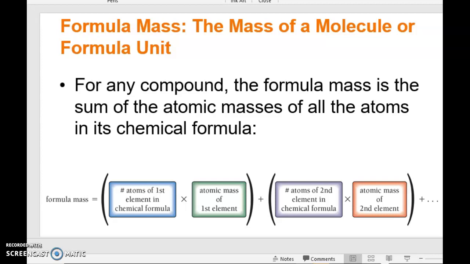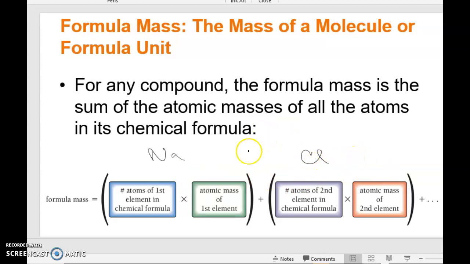If it's sodium, you're going to get the atomic mass of sodium, and say we're doing chlorine as well, you would get the atomic mass of chlorine. So let's say Na and Cl. You get the atomic mass of each of those, and then the sum of those would be your formula mass.